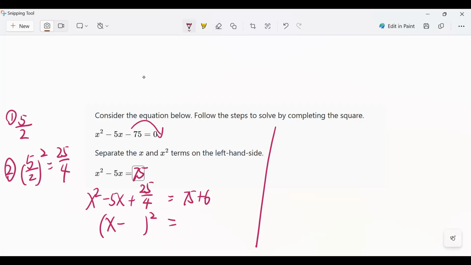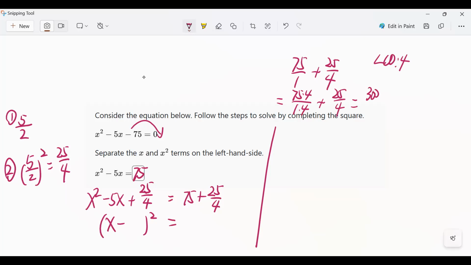So on the right hand side, we're gonna add the 25/4. And 75 I'm gonna write as 75/1, adding 25/4. And the LCD is 4. So multiply both top and bottom by 4, you get 75 times 4 over 4.